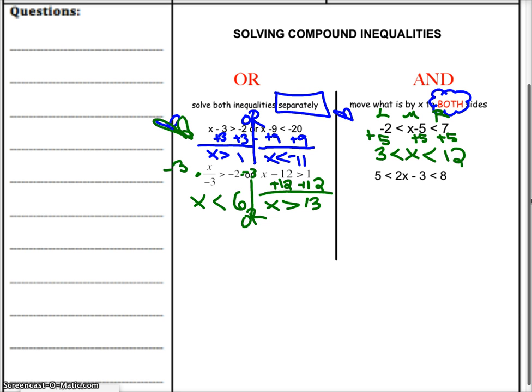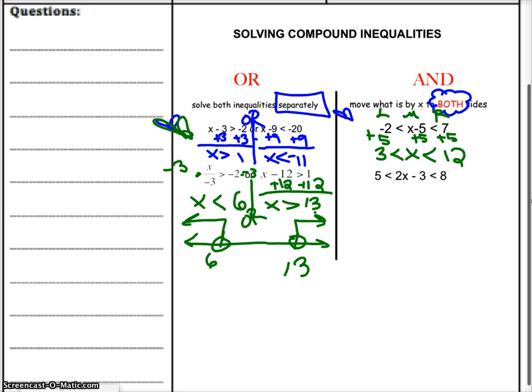And if I just see a line, it tells me, do you really know what it is? This is saying x is less than 6 or bigger than 13. I'm not going to make you graph it today, but it would look like this. Less than 6, bigger than 13.